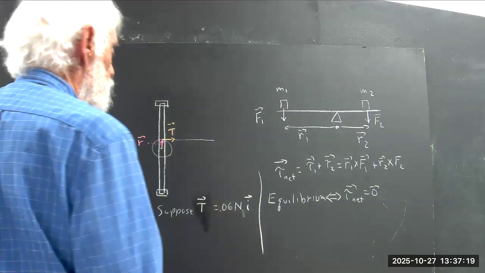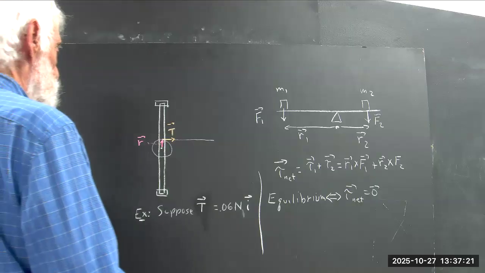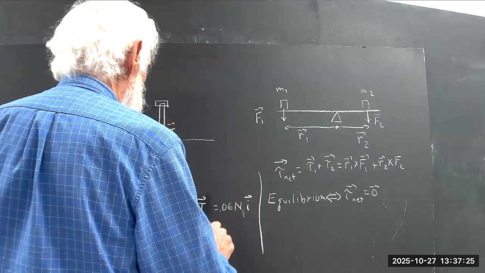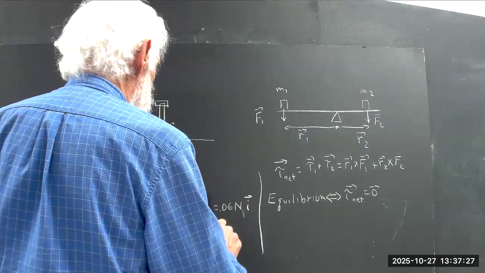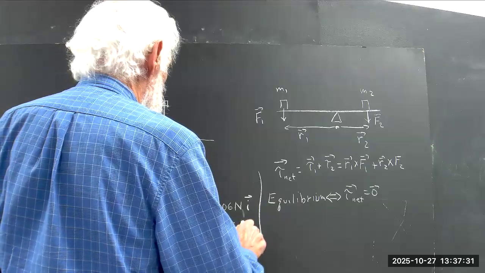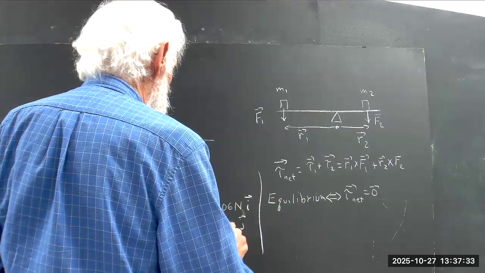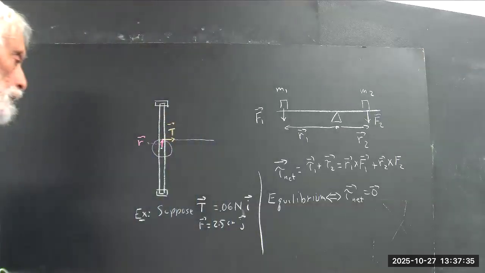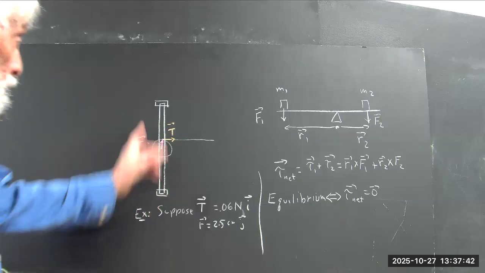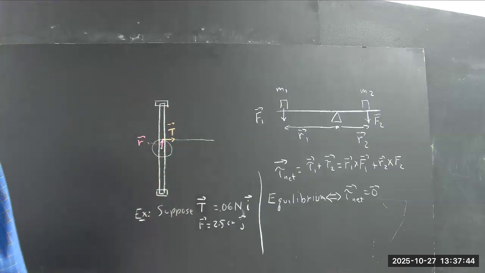Okay, suppose the tension is 0.06 newtons times I, and R equals 2.5 centimeters times the J vector. Because R is in the direction of the J vector, right? I drew it.